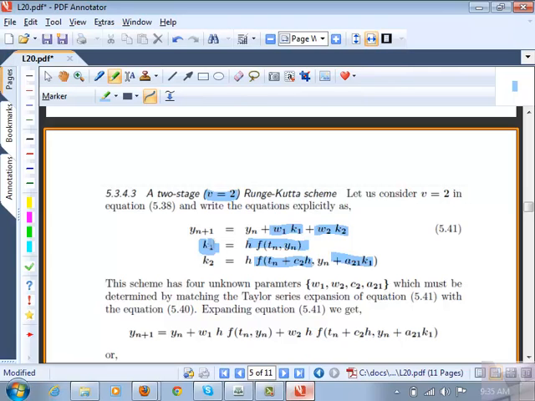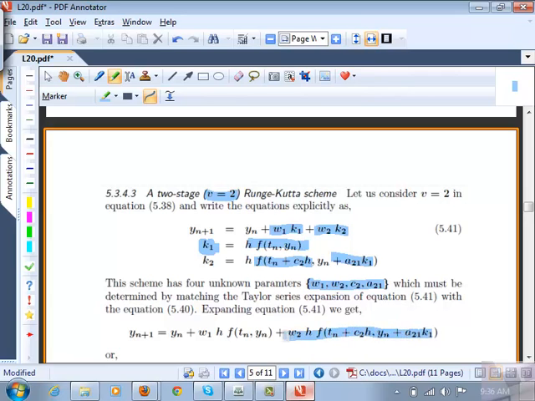Okay? So I have y_n as such, and then W1 h f_n, which is coming from there, and then W2 times h multiplied by whatever you see in brackets there, which is the Taylor series expansion. This is the same as this. Taylor series expansion for that. Okay?